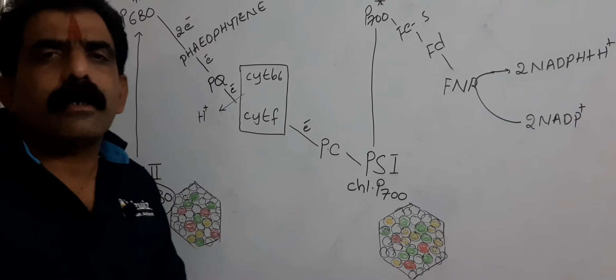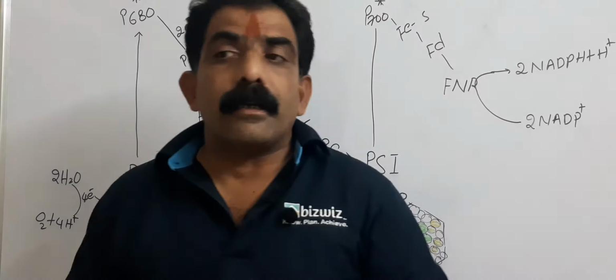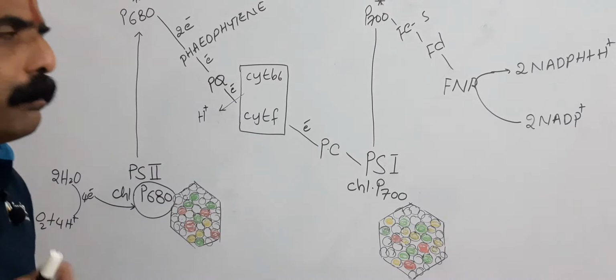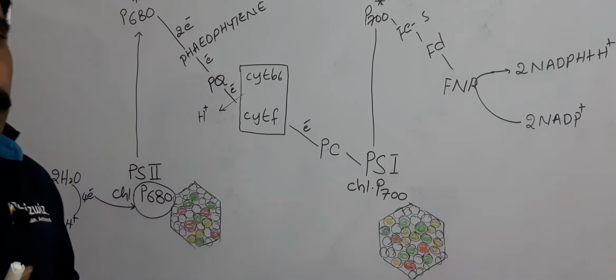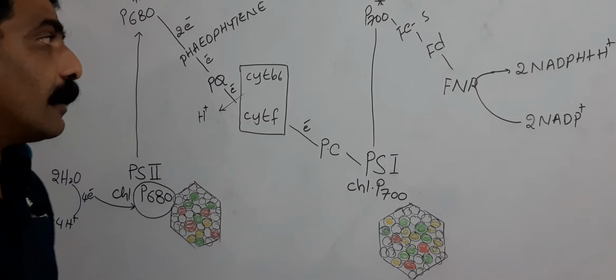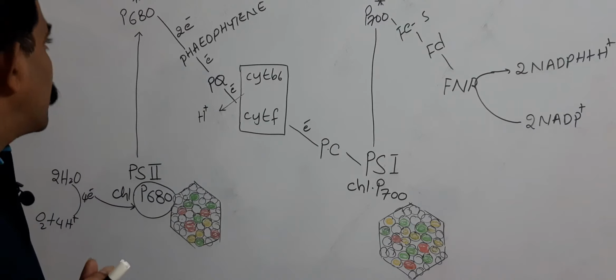So by this, you can guess where it occurs. It occurs in the grana thylakoids, because the stroma thylakoids consist of only PS1, whereas the grana thylakoids consist of both PS1 and PS2. As PS1 and PS2 are located on the grana thylakoids, the Z scheme will occur on the grana thylakoids.